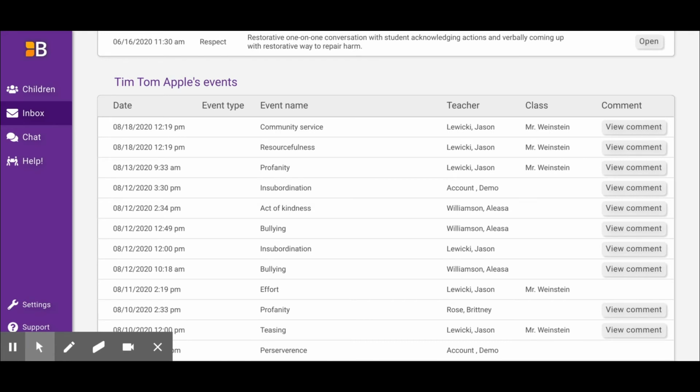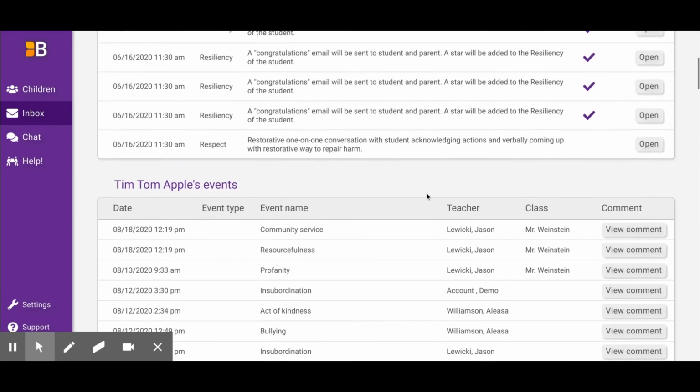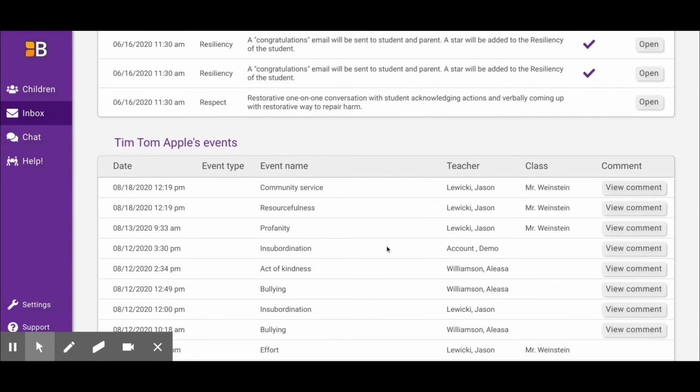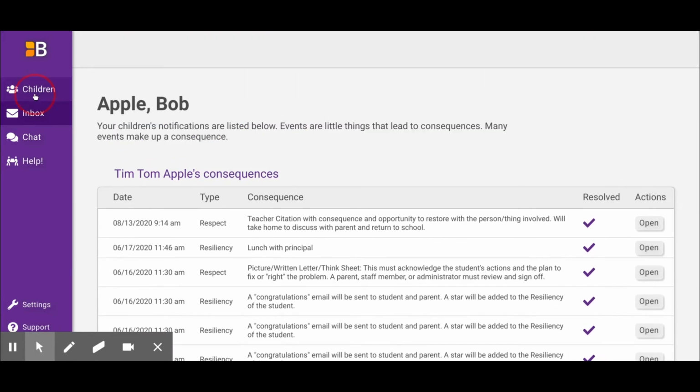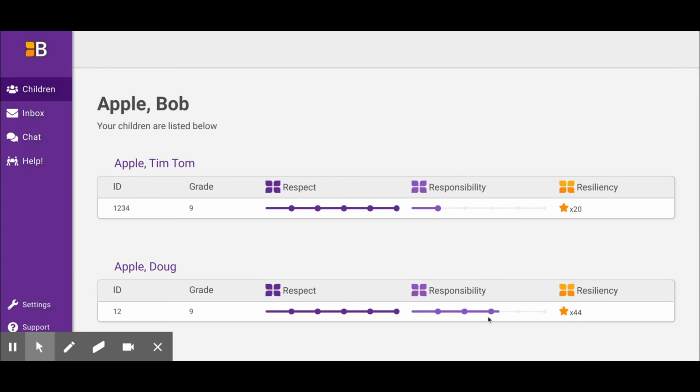What will happen in that process is that your child and your teacher will come up with a plan for how they can fix the fact that they were insubordinate. The child might say, can I move seats for a few days? Or they might say, can I offer an apology to you to make this right? If your child and your teacher come up with a plan they agree on to repair that harm, then when we look up here at your progress bar, that behavior towards their next intervention, that event will go away.